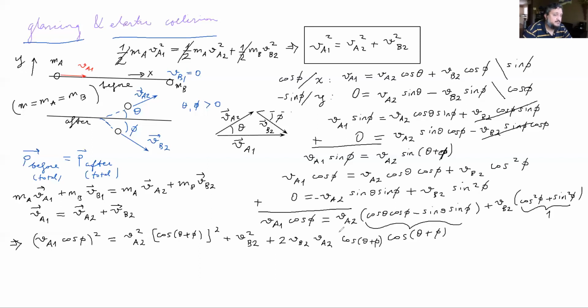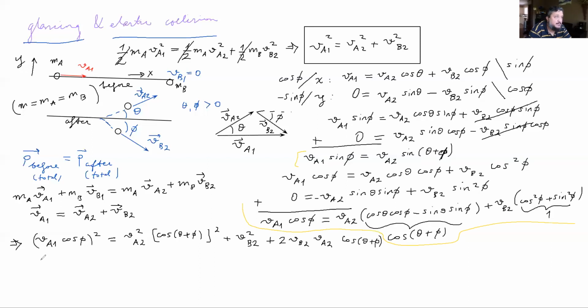Okay, so let me draw a line here. All right, so I just squared this term, and over there I have this for VA1 sine phi. Let me square that as well.